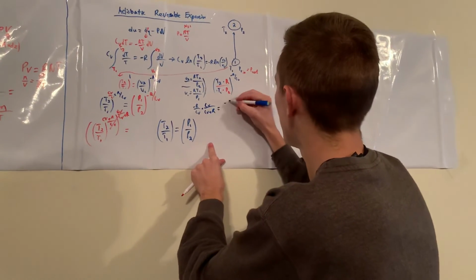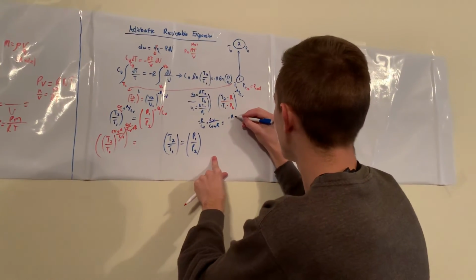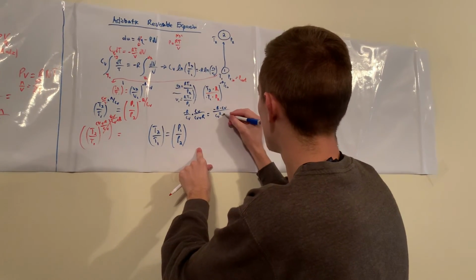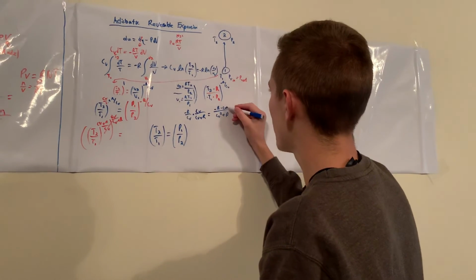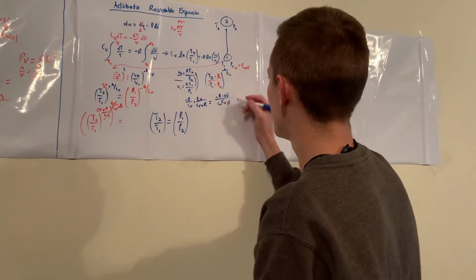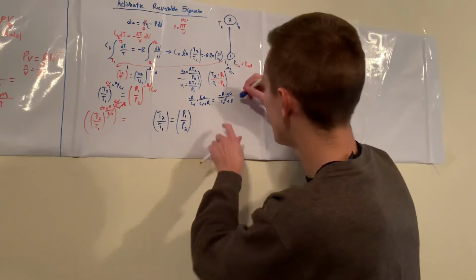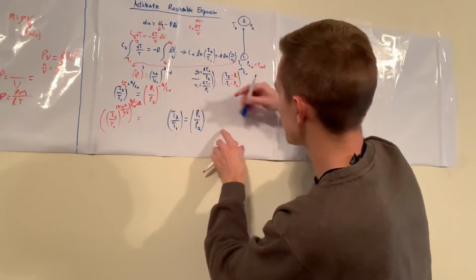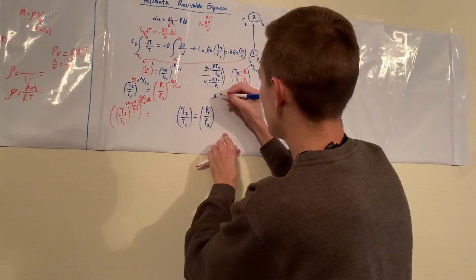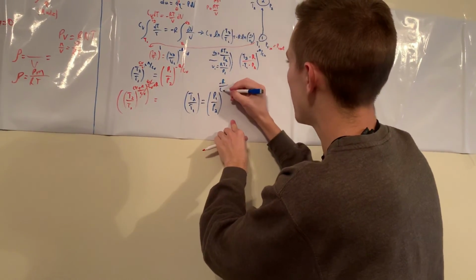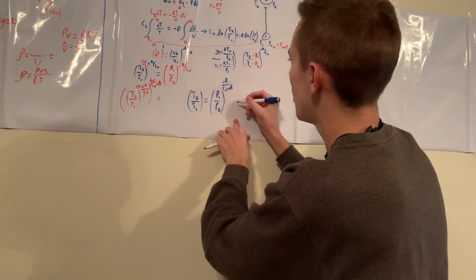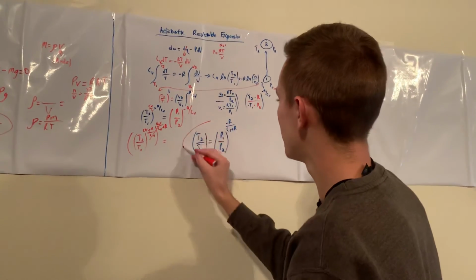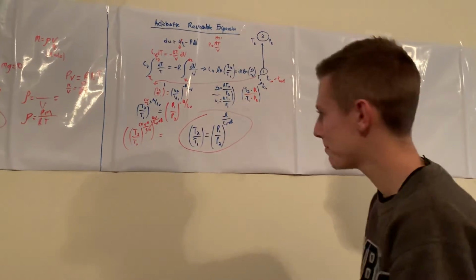We have a negative R times CV over CV squared plus R. Since these are same terms, we can actually cancel them out, and we are left with an overall exponent, our final answer here: negative gas constant over our heat of vaporization plus a positive gas constant. And this is actually our answer. All right, thanks for watching.